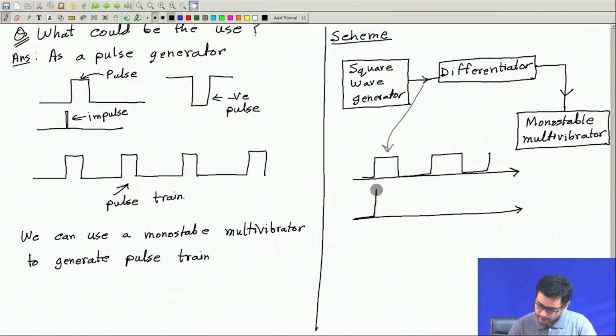Here you will get a positive pulse, because the voltage is increasing, and then again 0, because it is flat. Then there is a very steep decreasing slope, so you will get a negative pulse, or impulse, and then again 0, and so on.